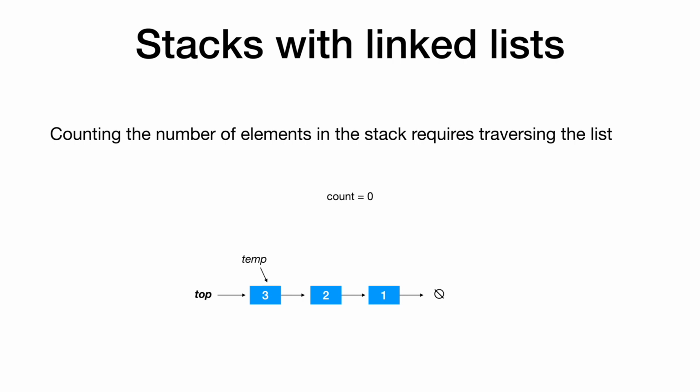You set up a pointer and a counter, and every time you increment the pointer, you increment the counter until you get to a point where your pointer is null and you have the count. So we can do it quite easily, but it's a little bit more work than it was when we were using an array.